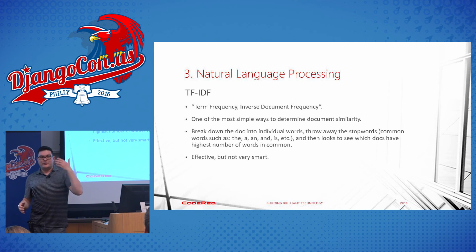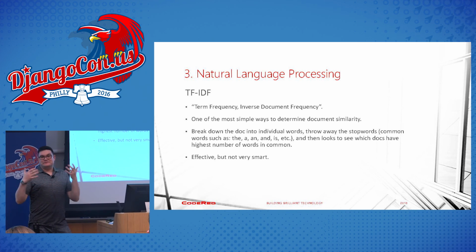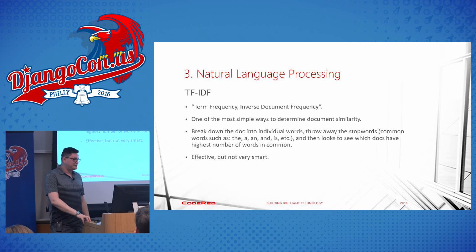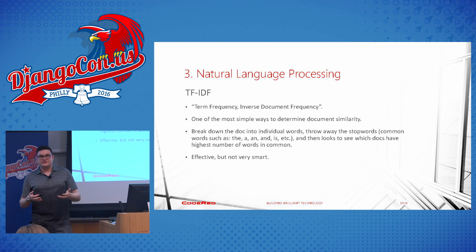If we've got one about war and one about love, how is the computer going to know that those are even similar? And the most obvious way is to look at the words that are in the document. So that's what TF-IDF is. It stands for term frequency, inverse document frequency.